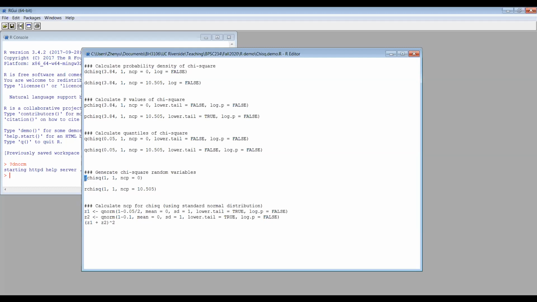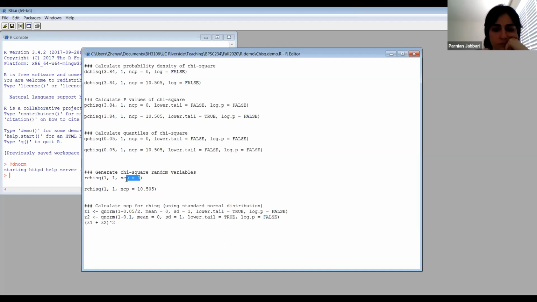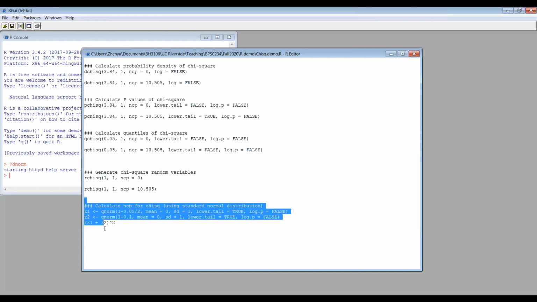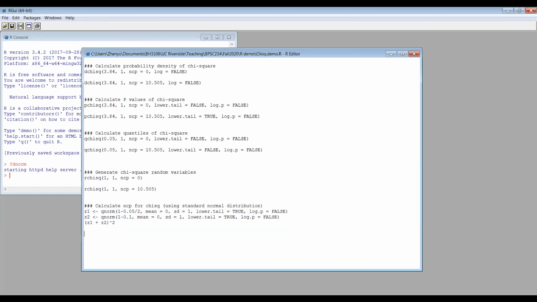So r means the random variable generator. You specify how many of this kind of random variable to generate, based on the chi-square distribution with degree of freedom equal to 1, and whether this is a central or non-central chi-square distribution. Okay, the last part. So let me show you.